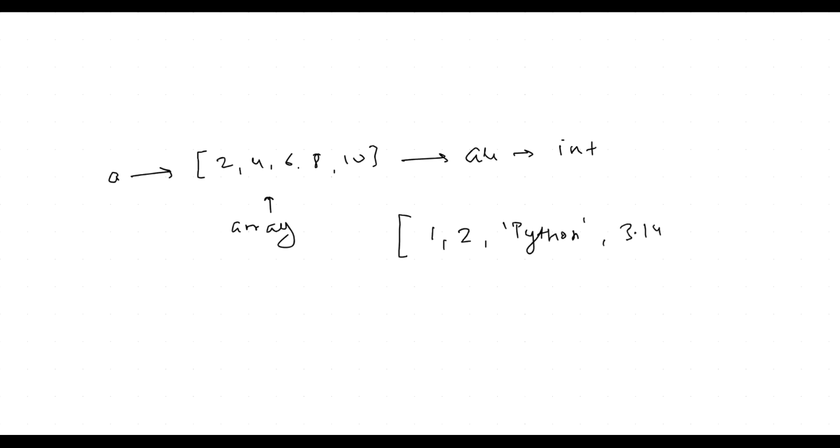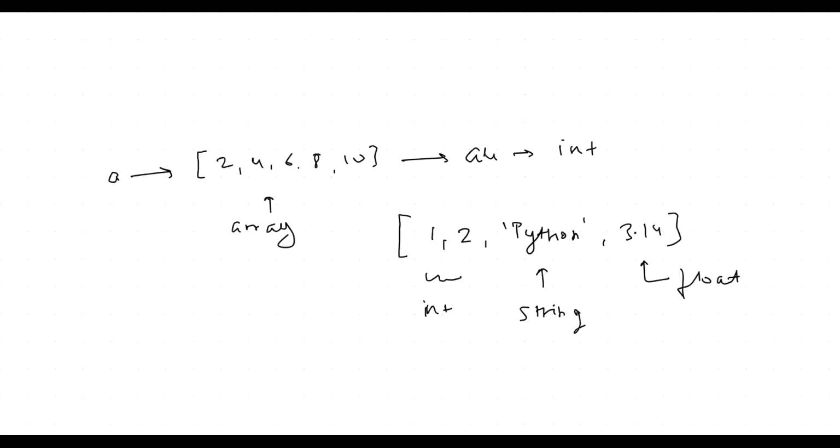Now there are 3 different types of elements present in this object. The first 2, I can call integers. Then in between, I have a string. And finally, we have a floating point number, which in Python is the data type float.